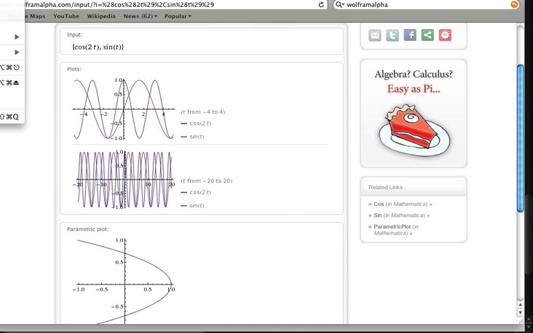And then when t is equal to pi over 2, then you have x is negative 1, and then sine is equal to 1, right?